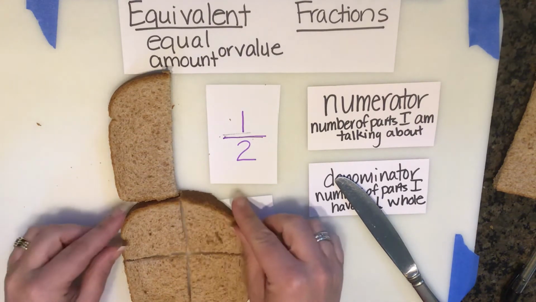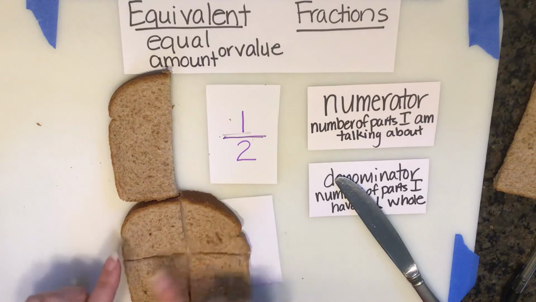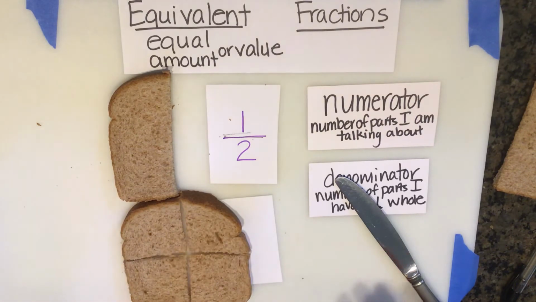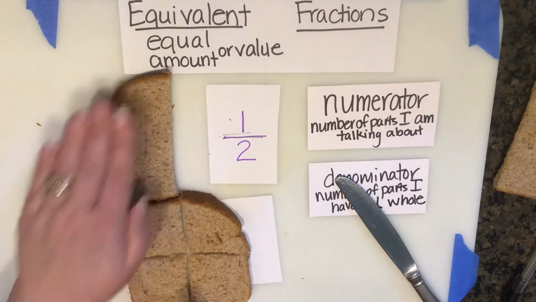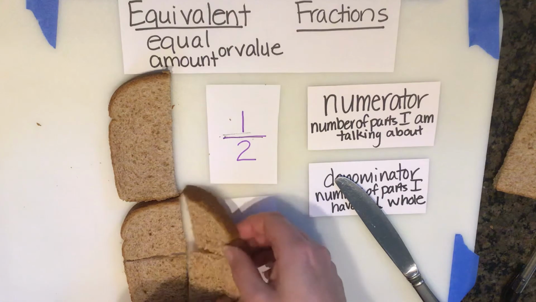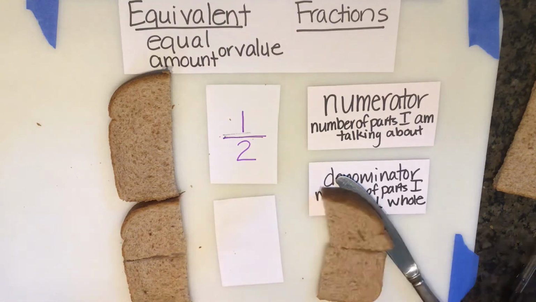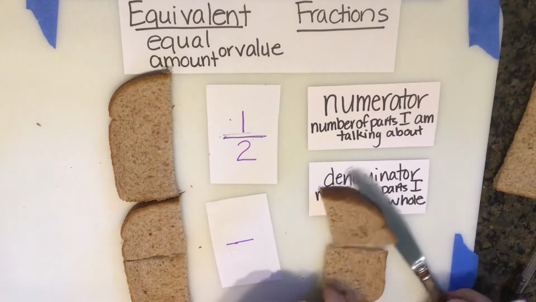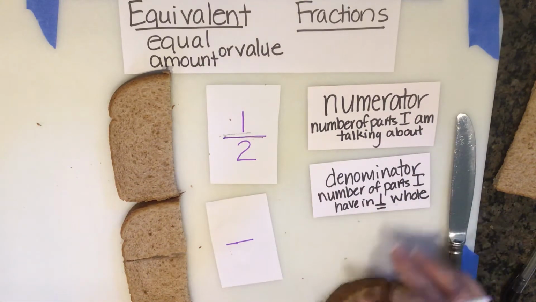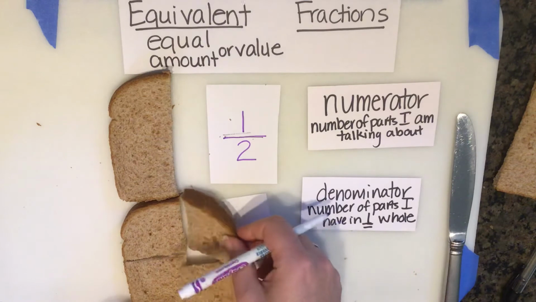I know it's a little more rounded over here than over there, but I have 4 equal pieces, pretty much. But I want it to be equivalent. That means equal amounts or value, the same amount here and here. So I'm going to take these 2 away, but I know that my denominator, the number of parts I have in one whole, is 4.